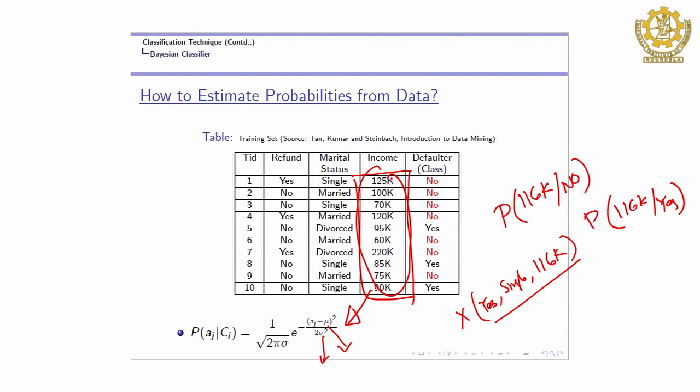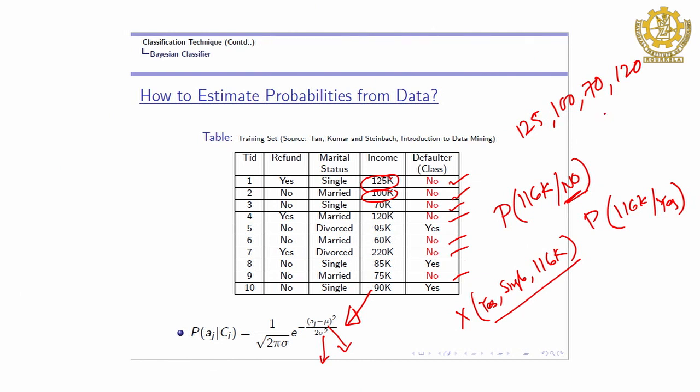So, therefore, we compute the mean and standard deviation not for the whole instances, because we have to compute for the class. First we identify the class no. Here we compute for these values: 125, 100, 70k, 120, 60, 220 and 75.